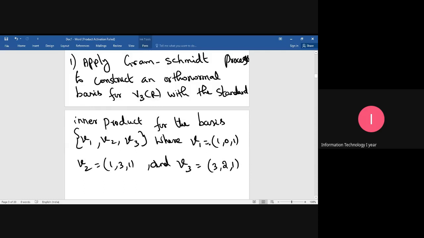So see it, the vectors V1 is 1, 0, 1, V2 is 1, 3, 1, V3 is 3, 2, 1.